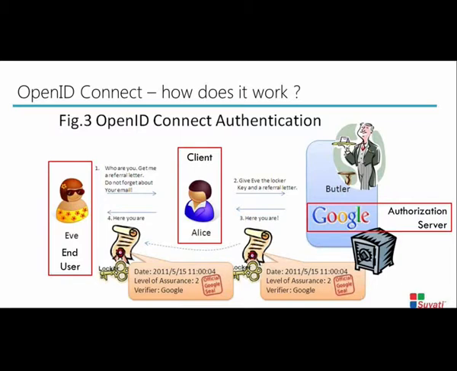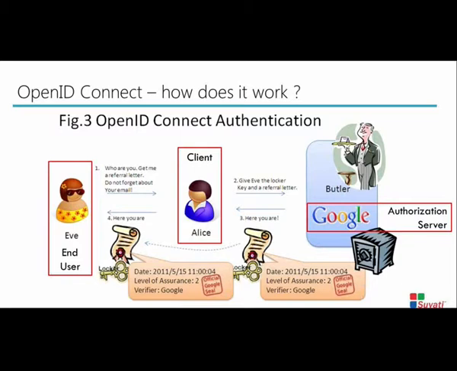So what I'm going to do here is redirect you to the authorization server. For example, I'm going to take you to the butler, who needs to give me the notarized referral letter saying that the end user is really Eve. So once I get the referral letter and the key from the butler, I can let you access your locker.